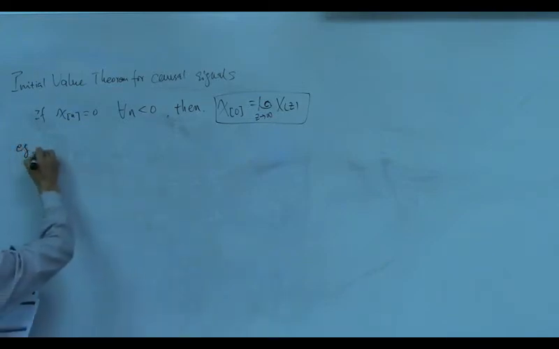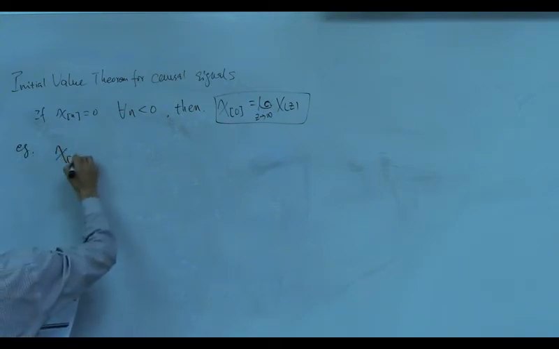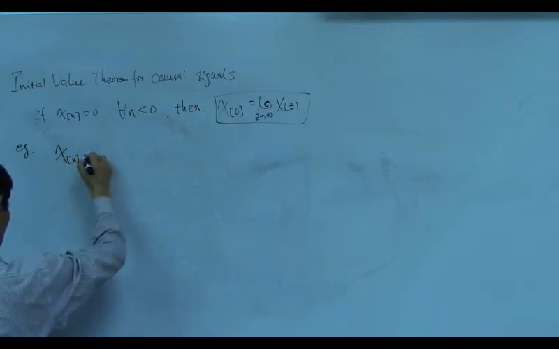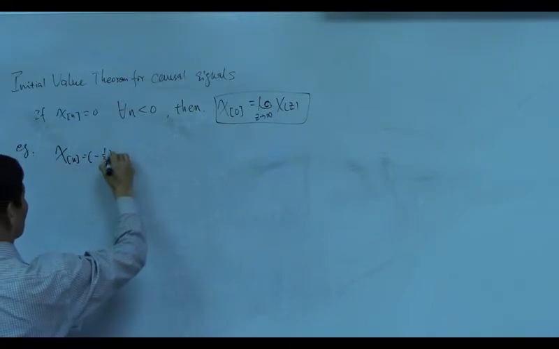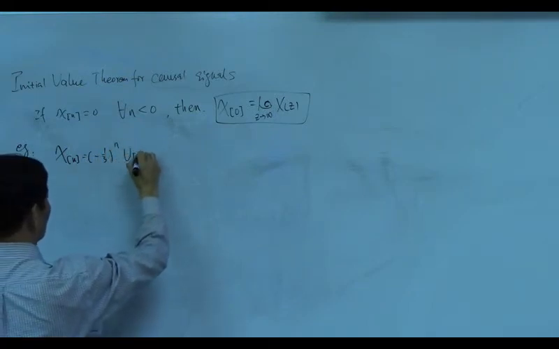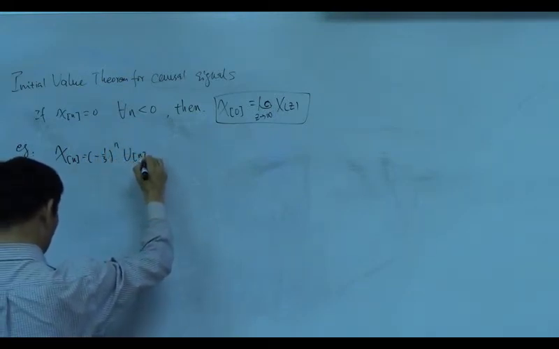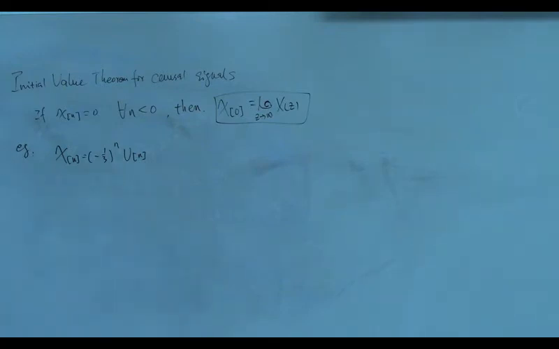Example, I give you x[n] equals negative 1/3 to the n times u[n]. I want to know what is x0. Definitely, this one is easy, right?